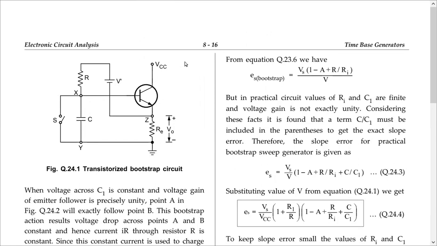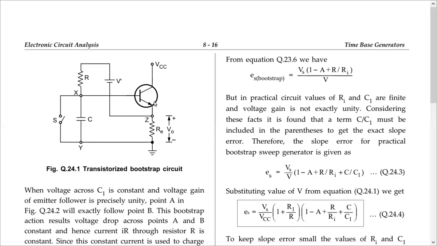Emitter follower means common collector. Anybody remember what is the voltage gain of a common collector amplifier? Students, what is the voltage gain of a common collector amplifier? Anybody please answer. Unity, okay. A common collector amplifier has unity gain. Emitter follower, also called common collector, has unity gain.